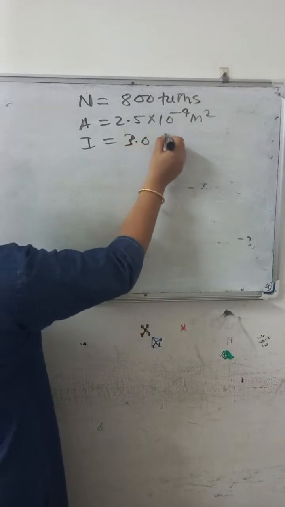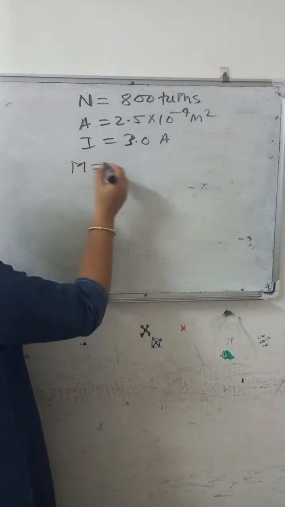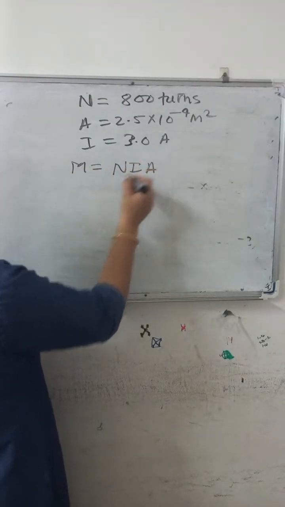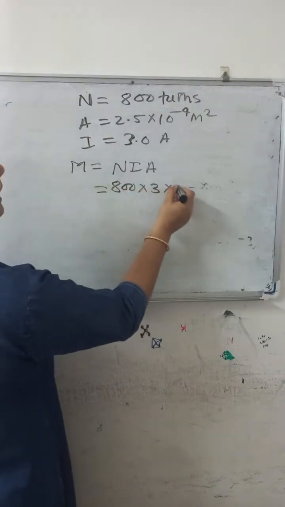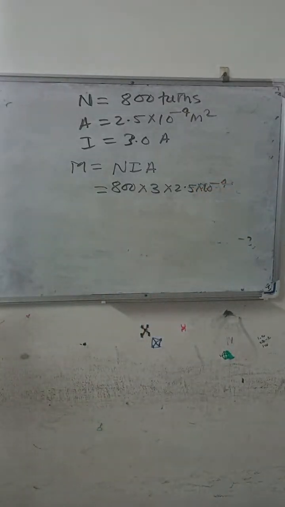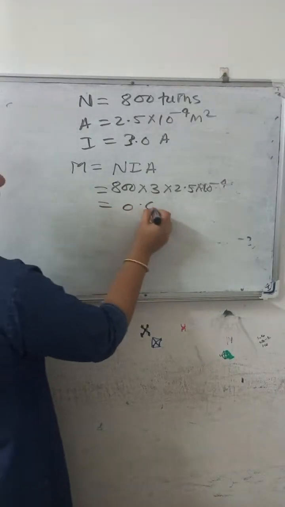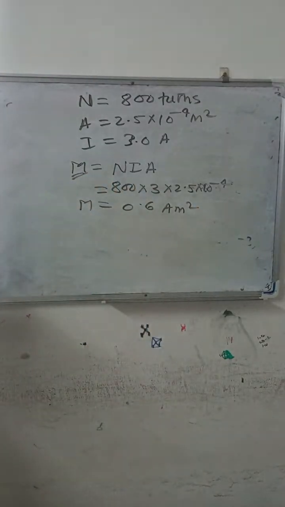They are asking for the magnetic moment, so M is equal to NIA. Number of turns is 800, I is 3, and A is 2.5 into 10 raised to minus 4. Do this multiplication and you will get the answer 0.6. The unit of magnetic moment is ampere meter square.